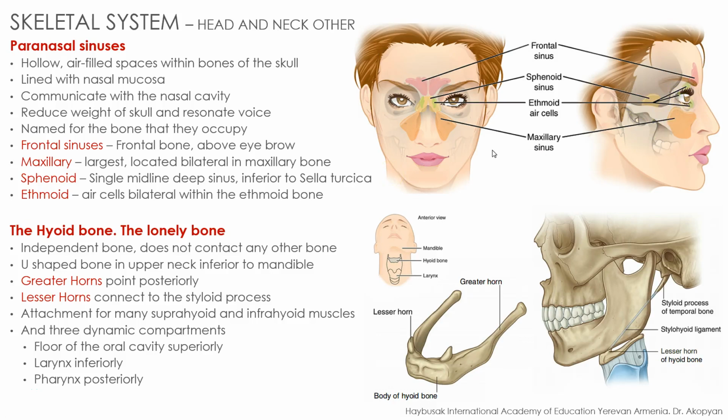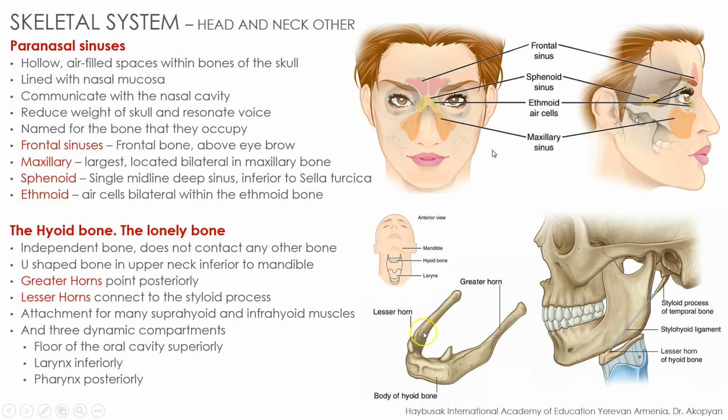The last bone in the head and neck is the lonely bone, the hyoid bone. The hyoid bone is an independent bone and does not articulate with any other bone. It is a U-shaped bone that is pointed posteriorly, with the greater horns towards the C3 and C4 cervical vertebrae.